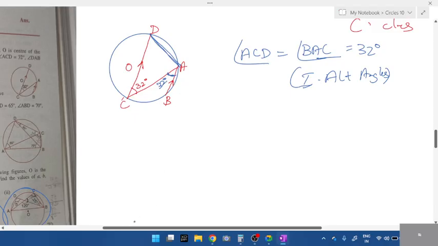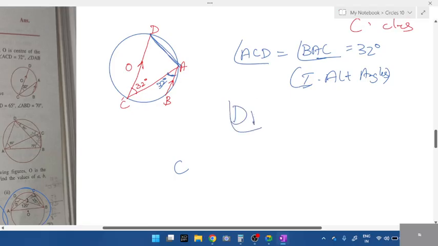Angle formed in the semicircle. Very good. 90 degrees. Which is the diameter, students? D and B. If you want to find, are they telling us to find DAC or DAB? DAB. So first thing, what you were told is correct.